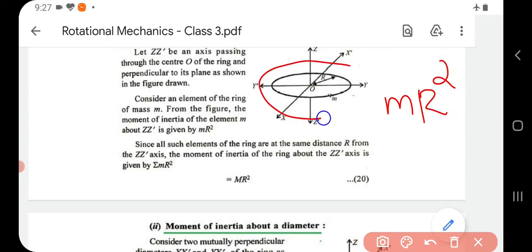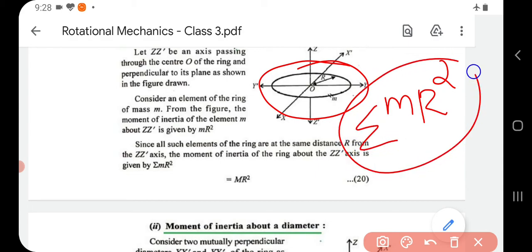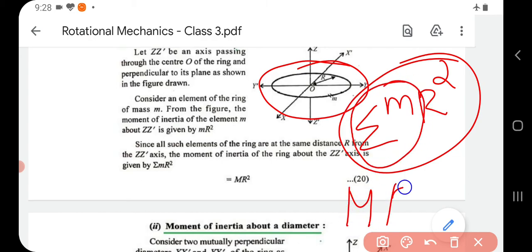Now this circular ring is made up of many such small elements which are at a distance r from the axis. So in order to get the moment of inertia of the whole circular ring, you have to make the sum of all such small elements. That will be sigma mr square. Now what is sigma m? Capital M. So the moment of inertia of the whole circular ring will be MR square.